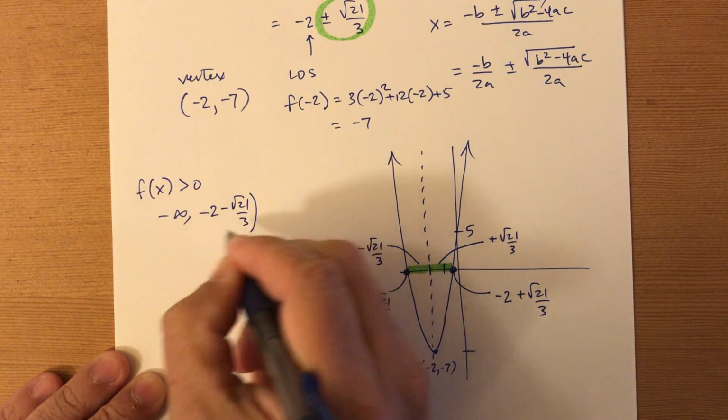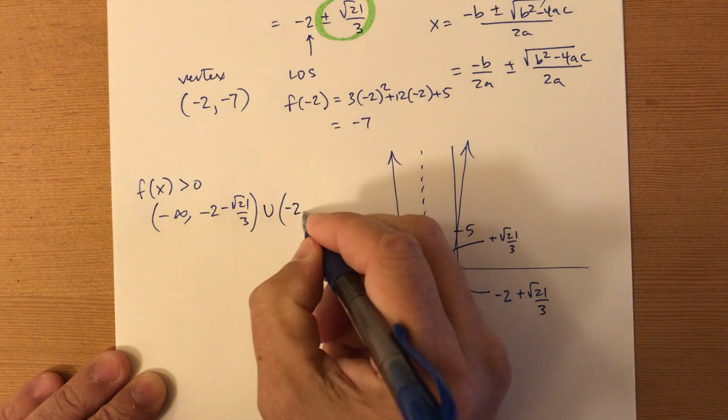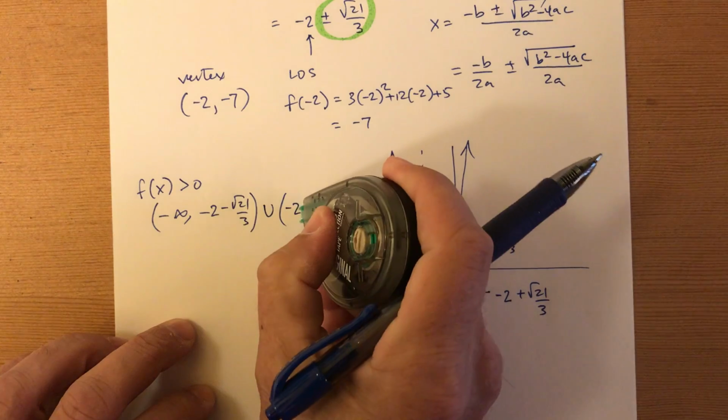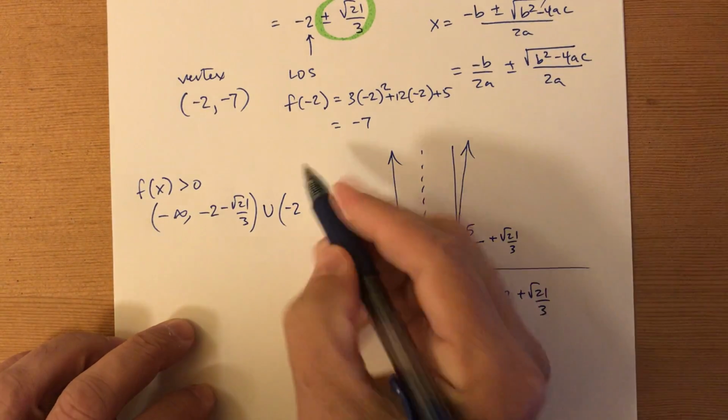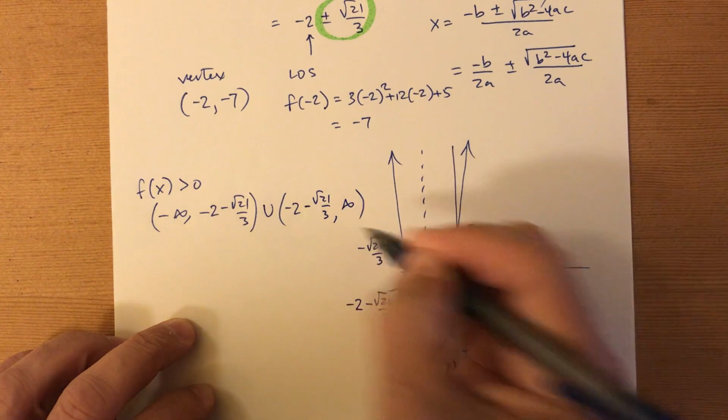That's when it's greater than 0. And also then from negative 2 minus the square root of 21 over 3 all the way to infinity. Oops, a little typo there, I don't need a comma.